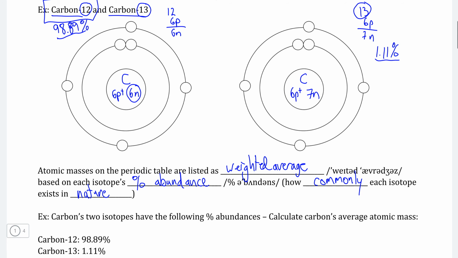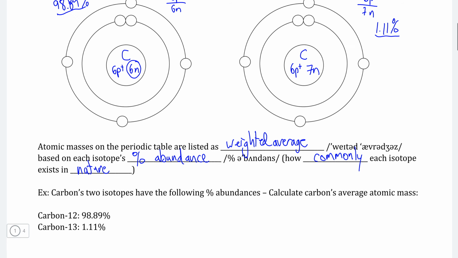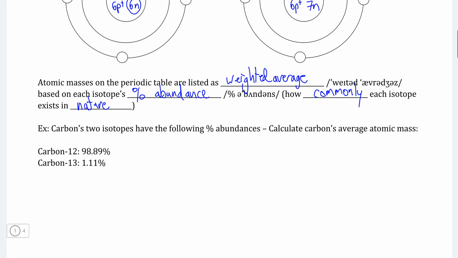Now, using a weighted average calculation, what we can do is we can calculate the weighted average atomic mass and actually determine where the number 12.01 came from. And to do a weighted average calculation, all that we do is we take the atomic mass of each isotope and we multiply it by each of these percentages that we would express as a decimal.